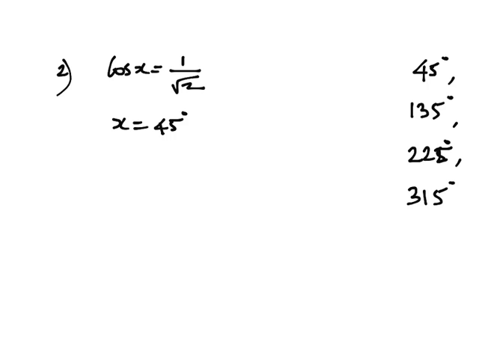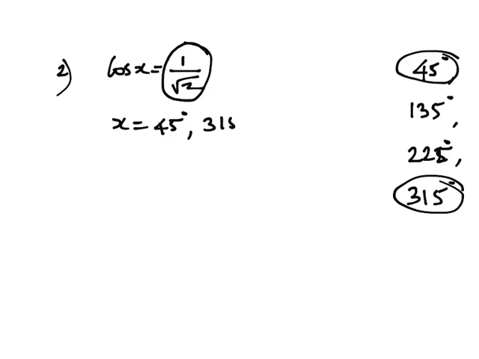Here cos x is 1 by root 2, which is a positive value, and we know that cos is positive only in the first and the fourth quadrants. This 45 belongs to the first quadrant, and the fourth quadrant angle is 315. Therefore the other solution is 315 degrees. So what it means is cos 45 will be 1 by root 2, and cos 315 degrees will also be equal to 1 upon root 2. This is how we solve the problem.